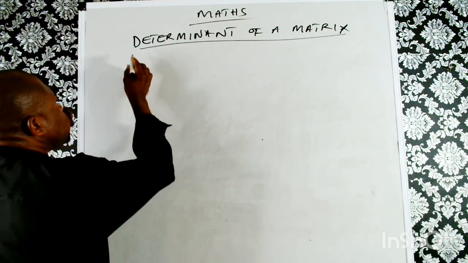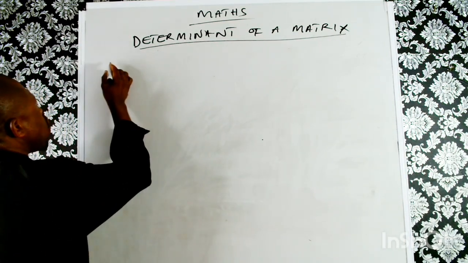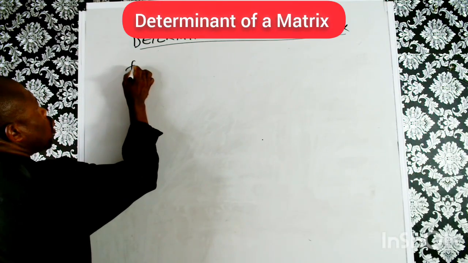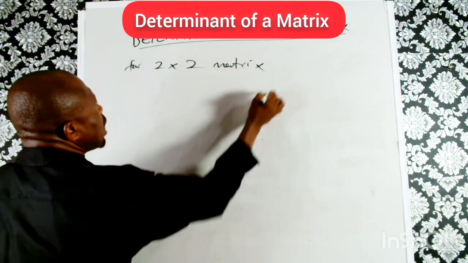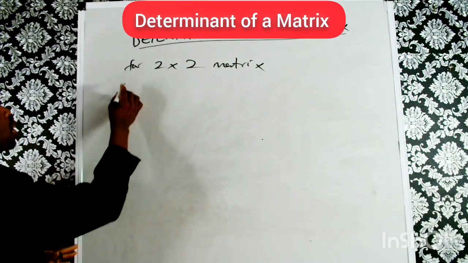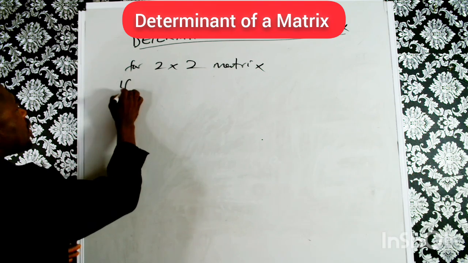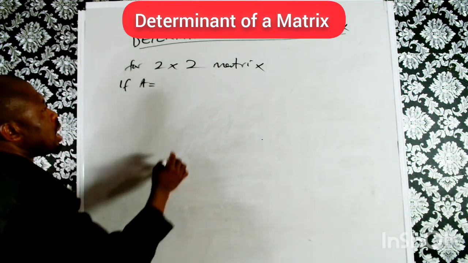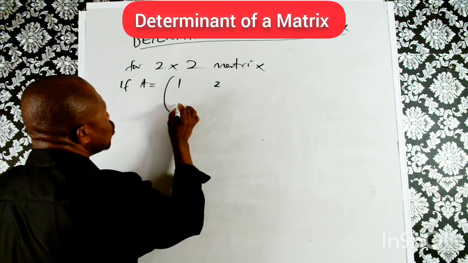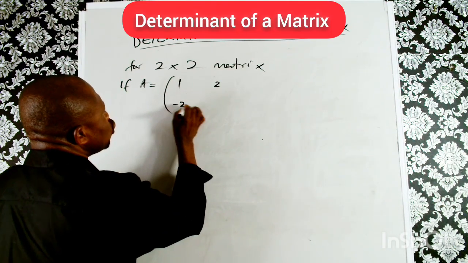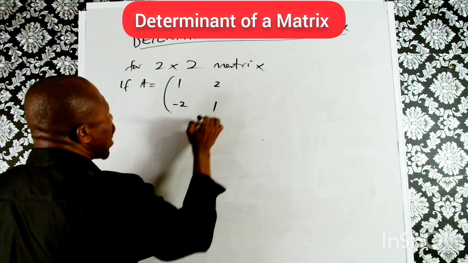If it's a 2 by 2 matrix, for example, if we say A is a matrix of 1, 2, minus 2 and then 1.